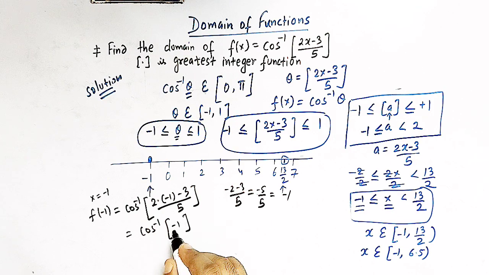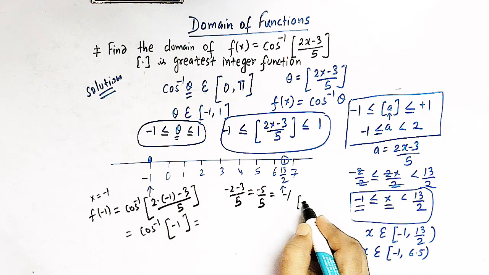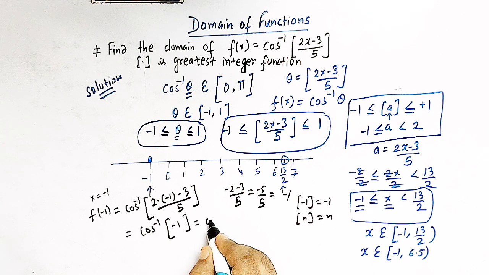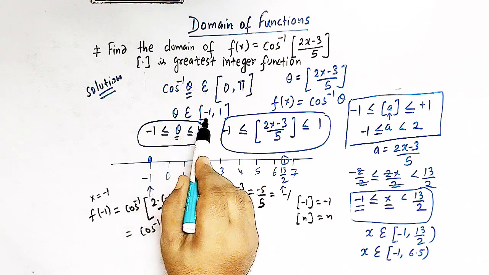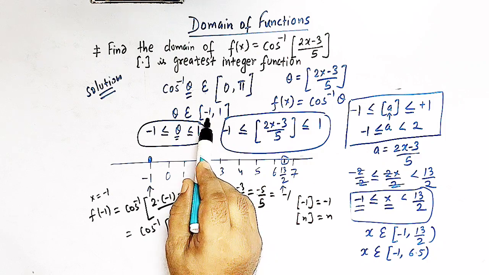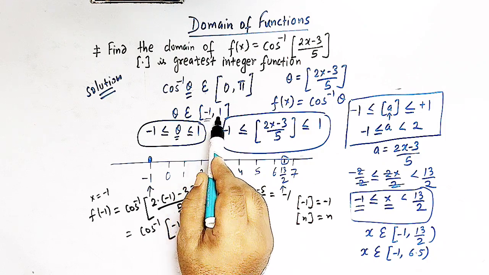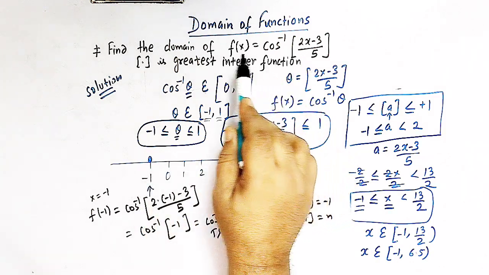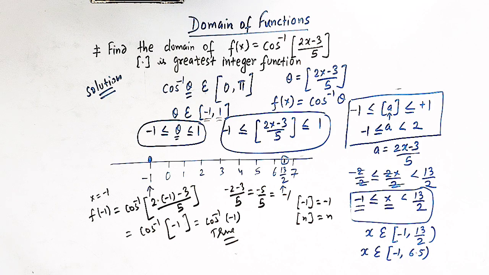So here we have the greatest integer of -1, and the greatest integer of -1 is -1, because the greatest integer of any integer is the integer itself. So here we have cos inverse of -1, which is valid, because theta belongs to the interval -1 to 1, and here -1 and 1 both are included. So x equal to -1 is in the domain of the function f(x).